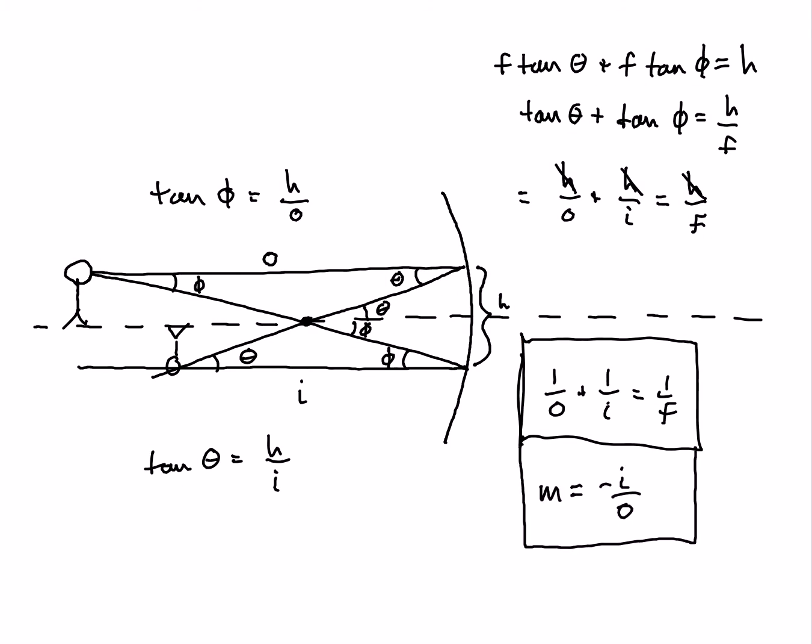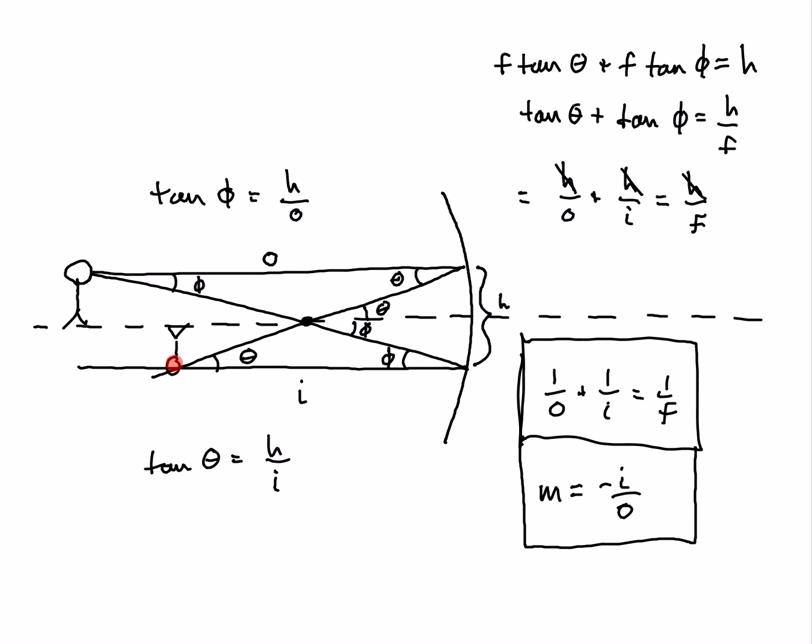Now we've been talking a little bit about magnification. We can define it mathematically as minus the image distance over the object distance. And so in that case, whenever we have a positive object distance and a positive image distance, we get a negative magnification.